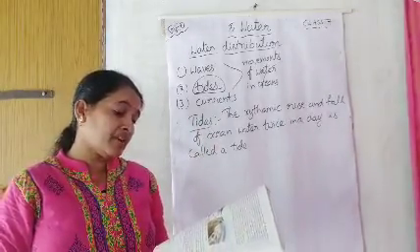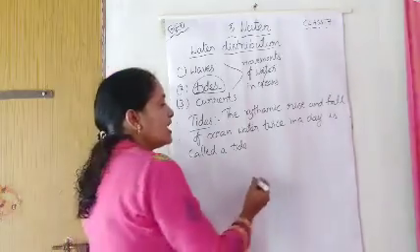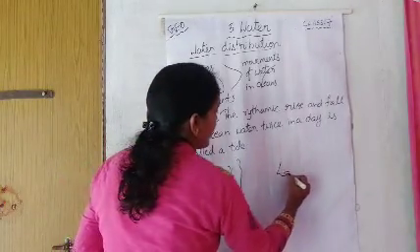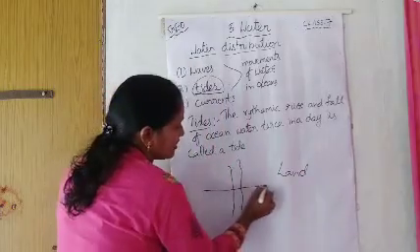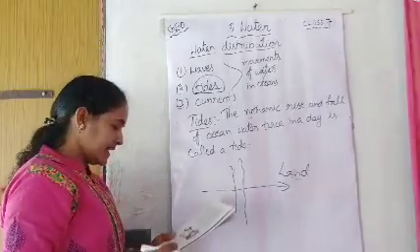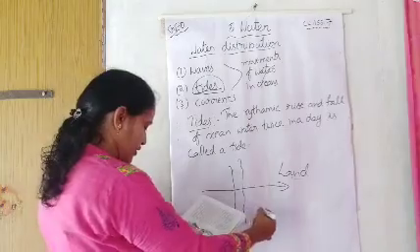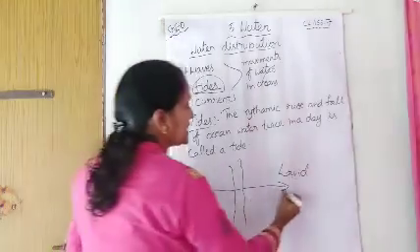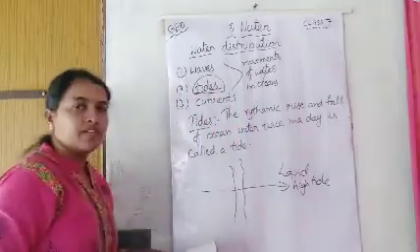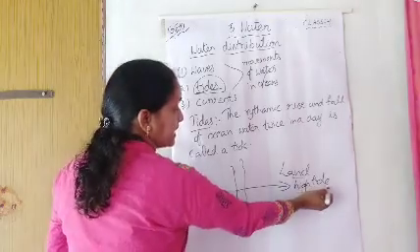It is high tide when water covers much of the shore by rising to its highest level. If this is the ocean and this is the land, and the ocean water comes far toward the land side, covering much of the shore, then that is high tide.